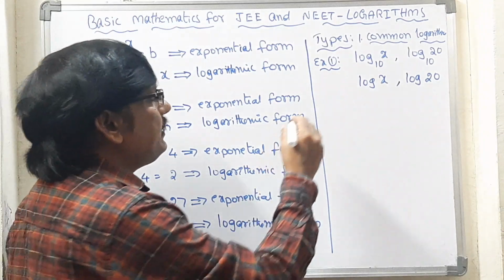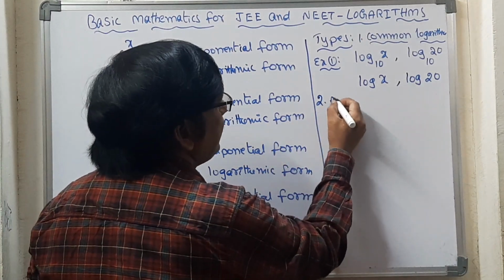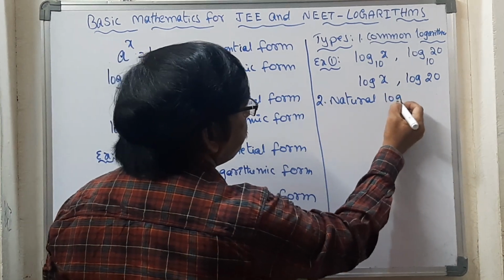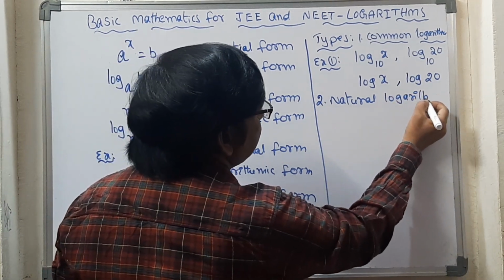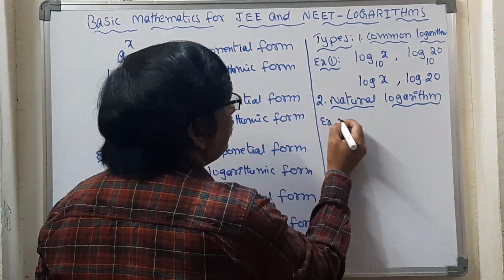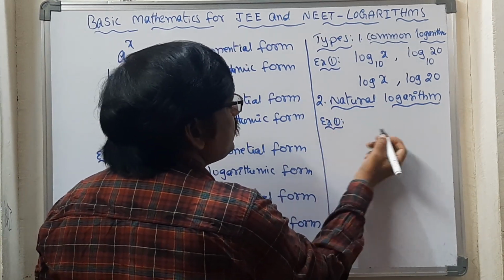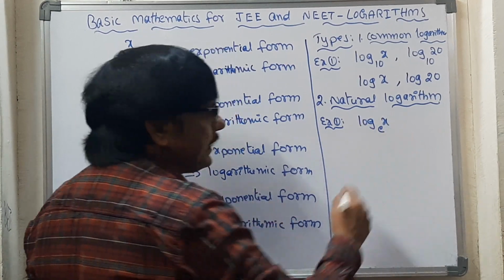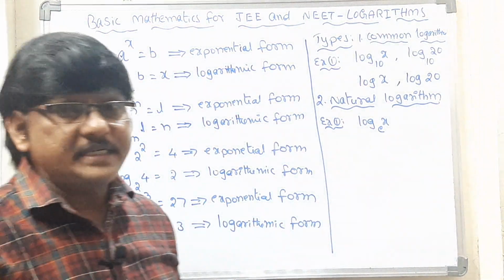And what is the next type? That is the natural logarithm. What is this natural logarithm? Let us take an example: log x base e. See what the difference is?